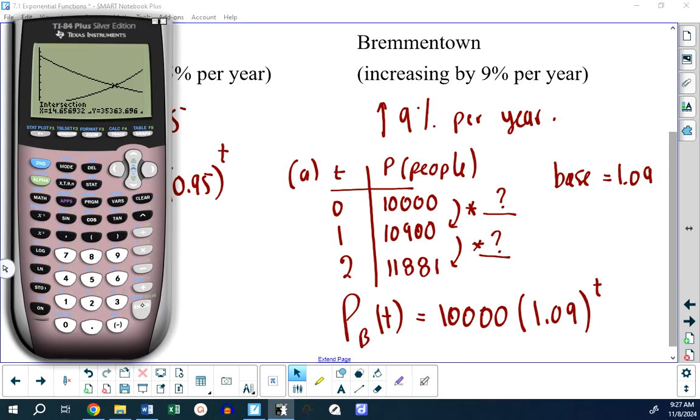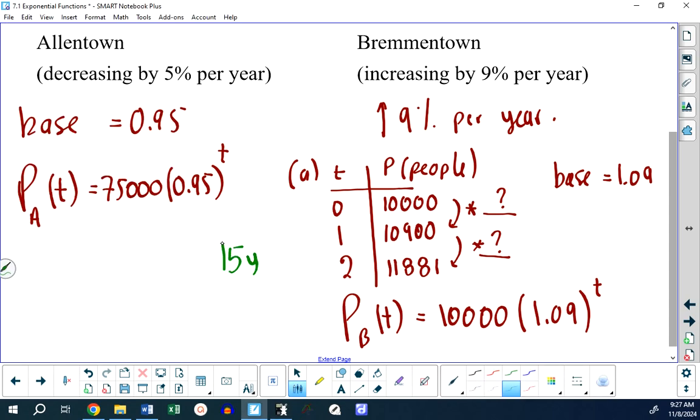It said after how many complete years? So at 14 years it hasn't happened yet, but at 15 it has. So the answer is 15 years. What if we would have done this and you got 14.01? It's 15.